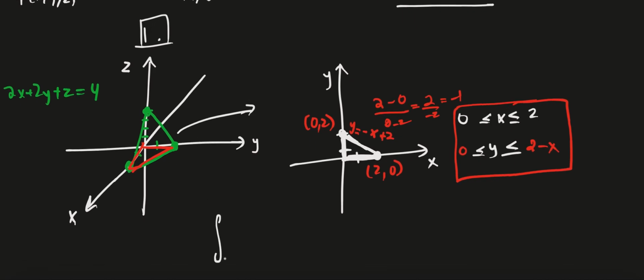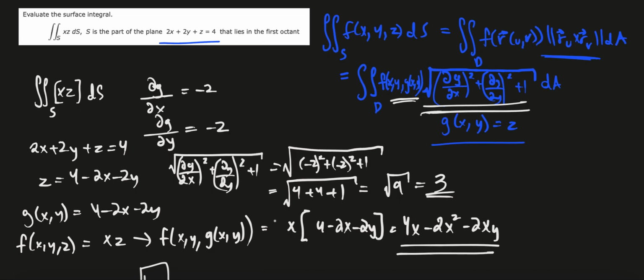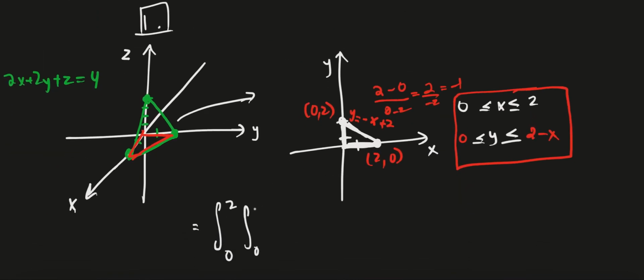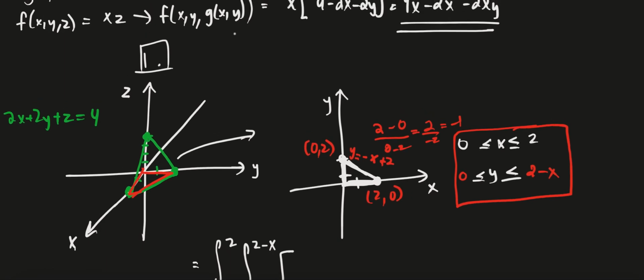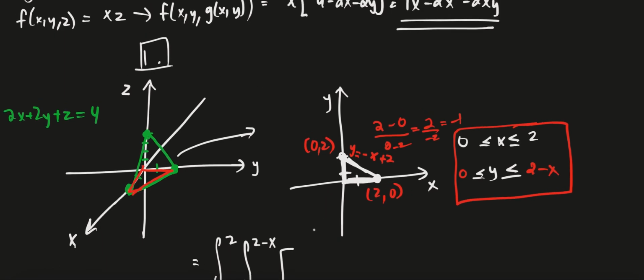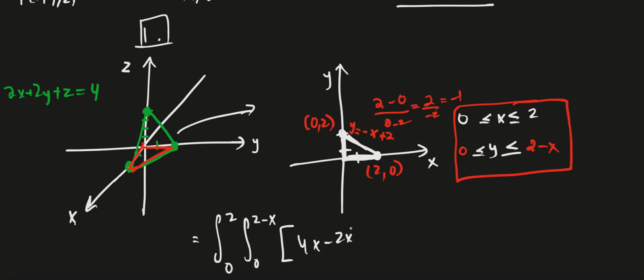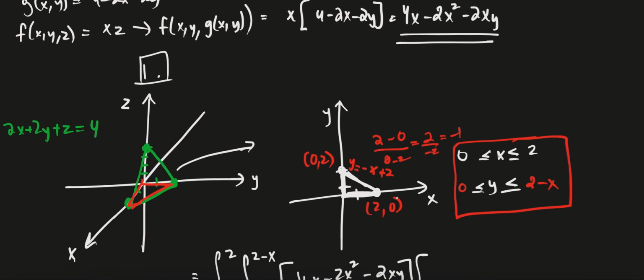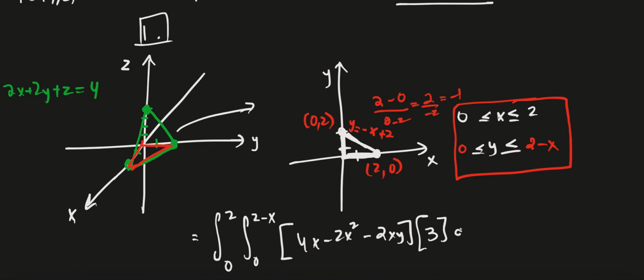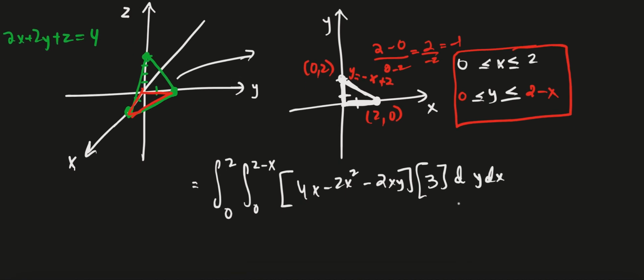Our integral is going to be, so x is going to go on the outer portion. Okay. And then we have 0 to 2 minus x. And then here we have f of xy, comma g of xy, which is going to be 4x minus 2x squared minus 2xy times 3, dy dx.